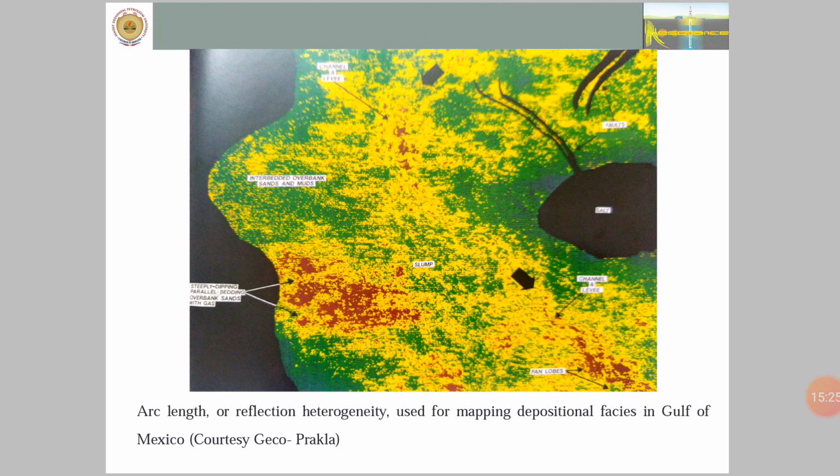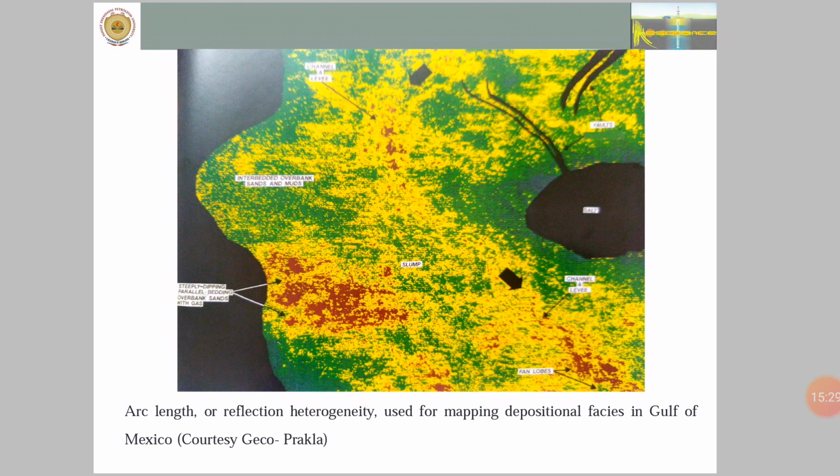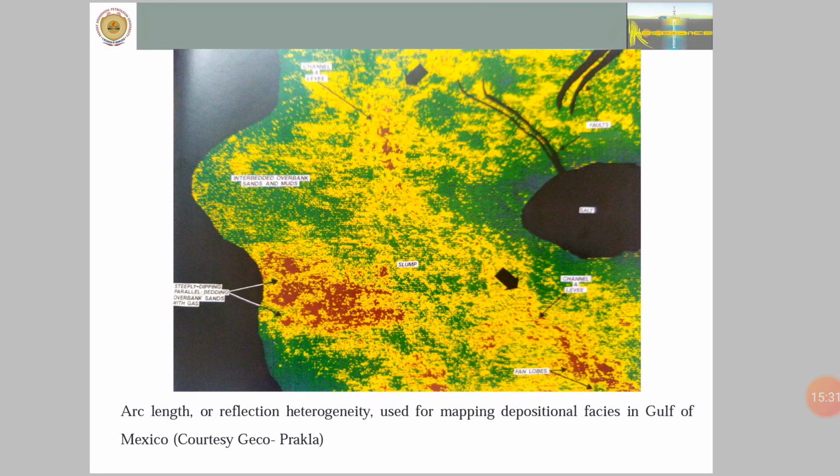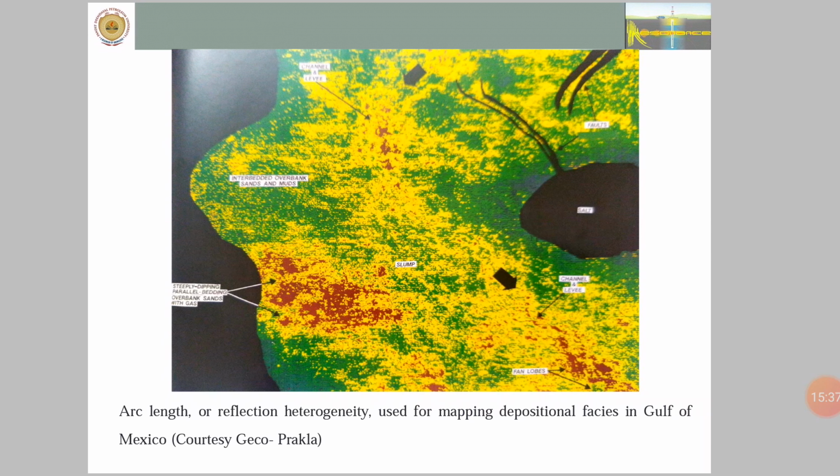And I was talking about the fan lobes. The fan lobes need to be found out, and also the internal structuring has to be understood, whether it is a fining upward sequence or a coarsening upward sequence.